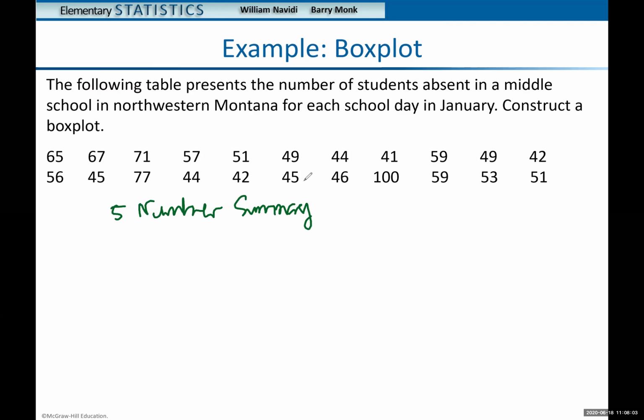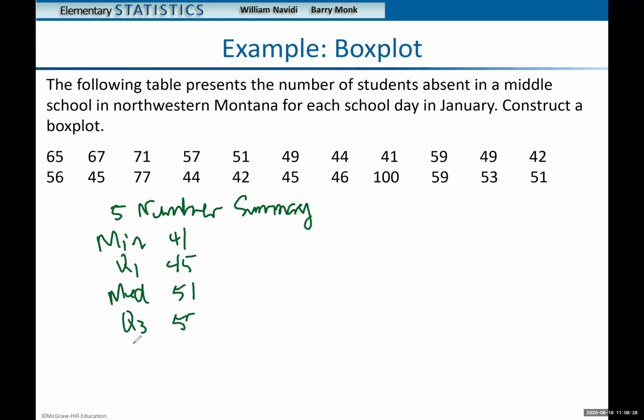What is the minimum? 41. So minimum is 41, Q1 is 45, median is 51, Q3 is 59, and maximum is 100.